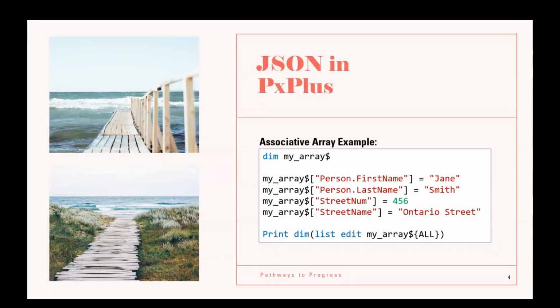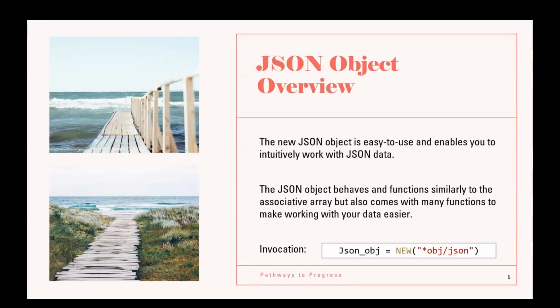But we can do a lot more, and this is where the new JSON object comes in. So the JSON object significantly expands upon JSON processing in PxPlus, providing new object-oriented functions to easily work with your data. The JSON object also comes with functions that allow for more advanced processing, but still behaves very similarly to the associative array, since it was actually built on top of it.